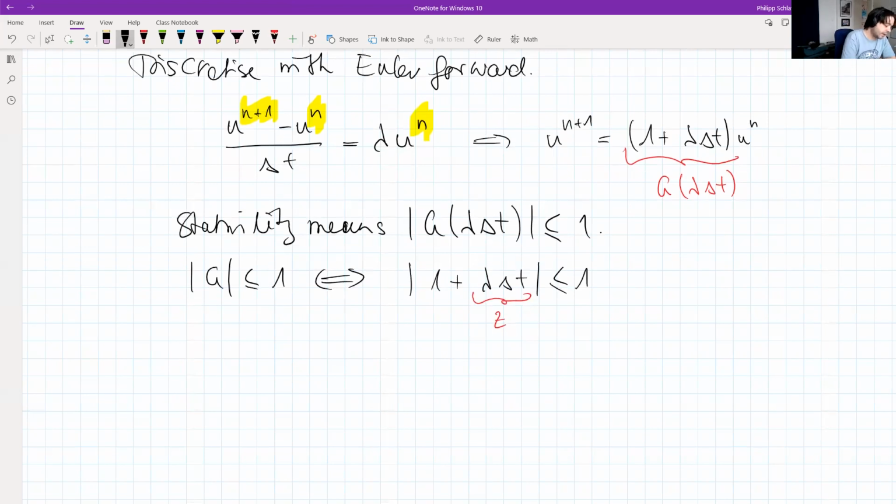Now, let's just look at this a little bit. What could that be? The absolute value of 1 + lambda delta t, or 1 + z, should be lower or equal 1.